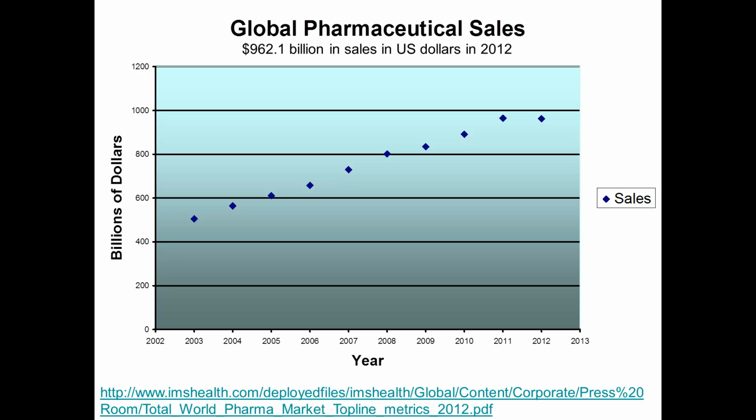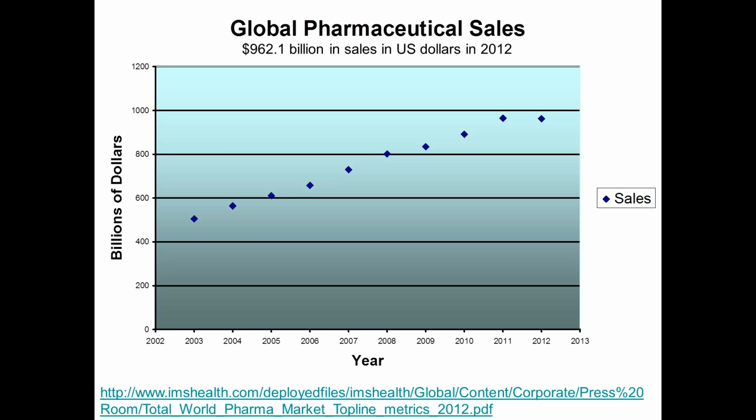And so these data are coming from the total world pharma market top-line metrics. And so these sales have grown from about 500 billion in about 2003 now to about 962 billion, almost 10 years later. So those sales then are growing at a very rapid rate.